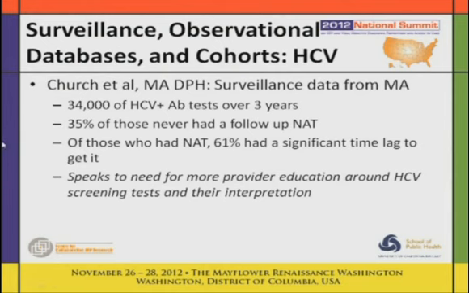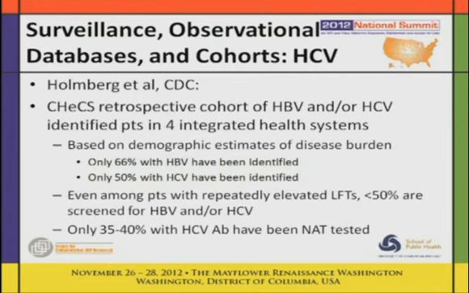And also importantly, even of those who had nucleic acid testing, there was a significant lag time to that occurring. What was important is that this presentation really speaks to the need for broader provider education, not just physicians, but the full range of providers who are involved in caring for individuals and will be doing broader testing, on how to do testing and what the testing means.